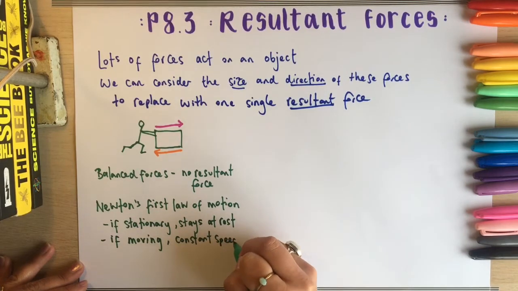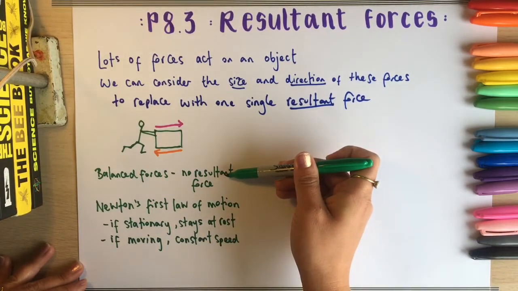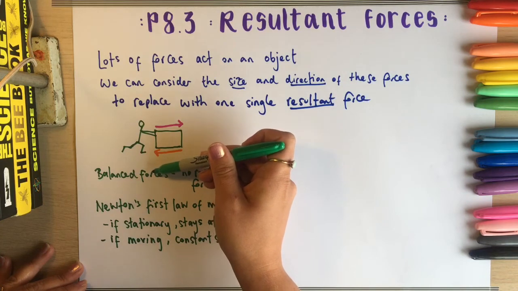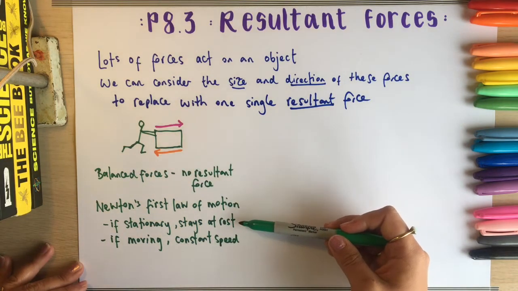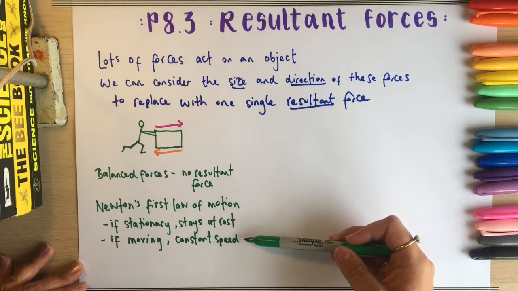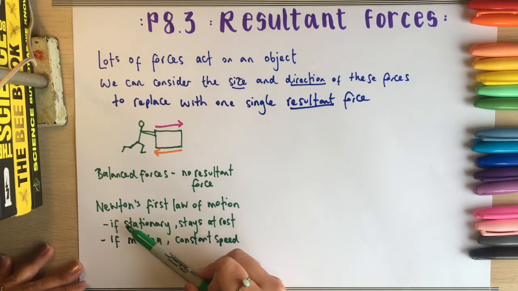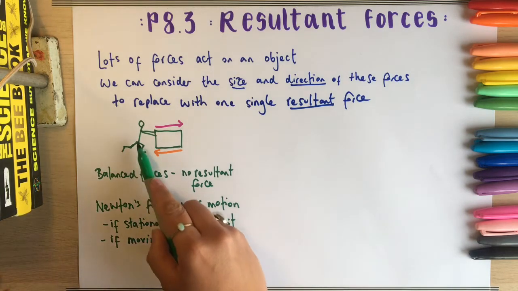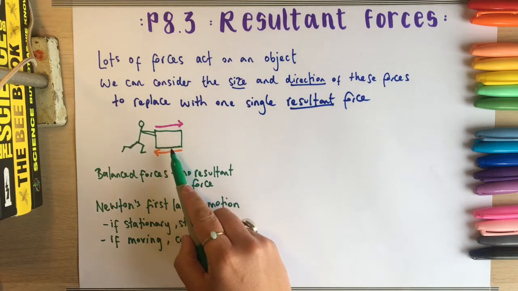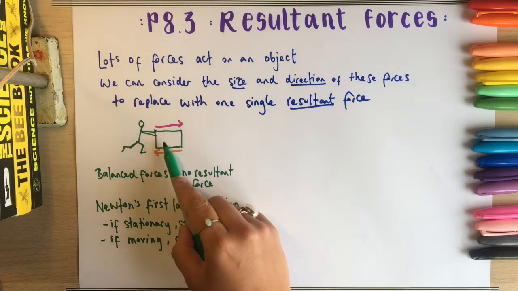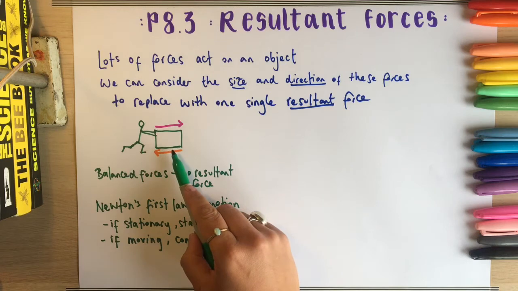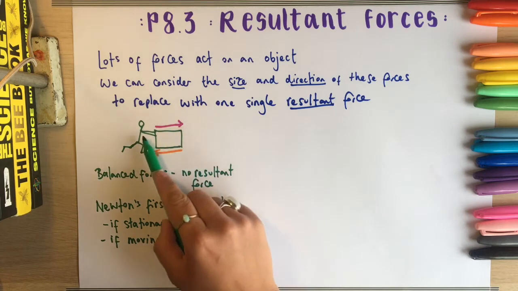Okay, so if there's no resultant force because the forces are balanced, then either it's going to be stationary or it's going to be at a constant speed, and which one of those depends on whether it was stationary to start off with or whether it was already moving. Okay, so this person who's pushing this box, if the box is stationary and they're trying to get it moving in the first place, the box is still going to be stationary.